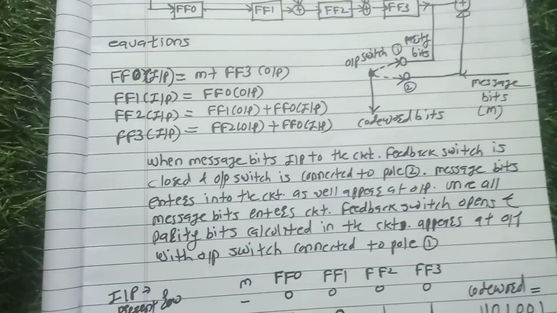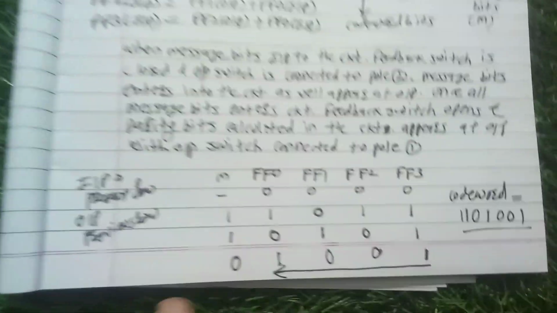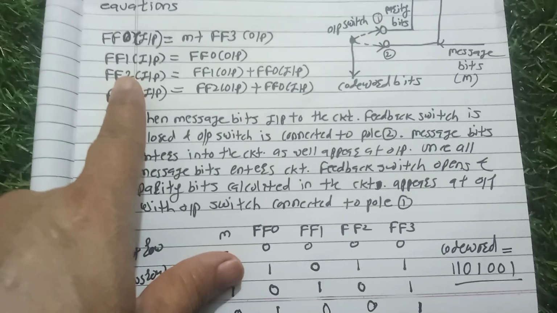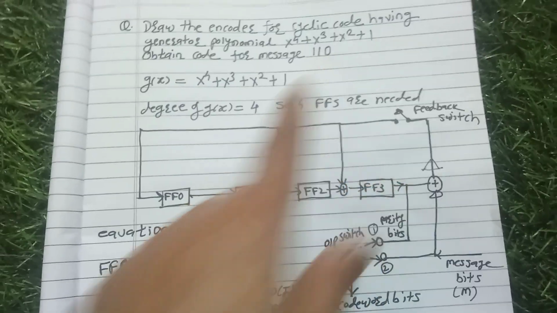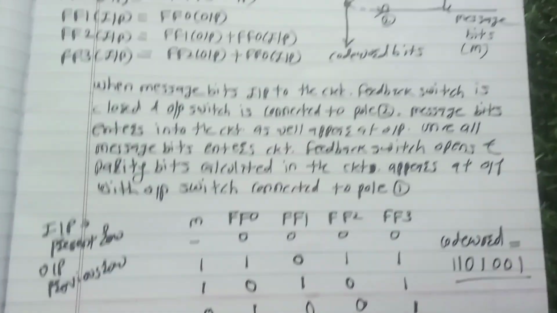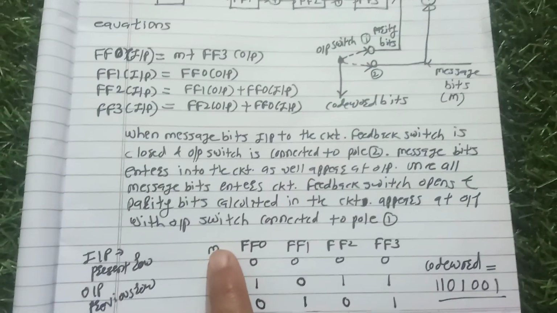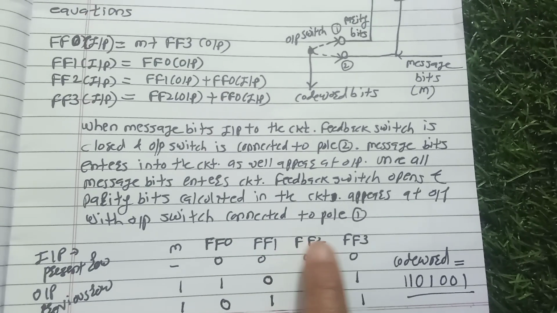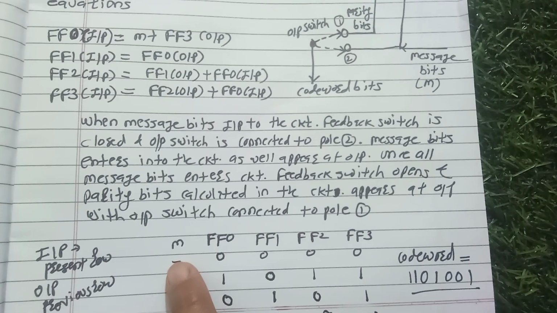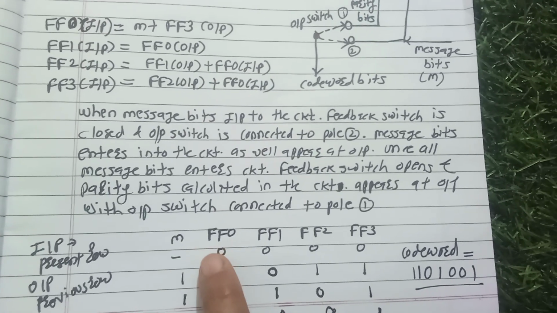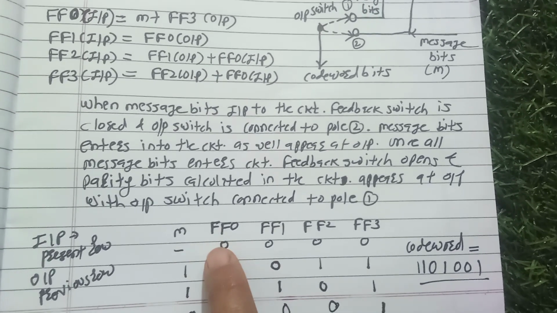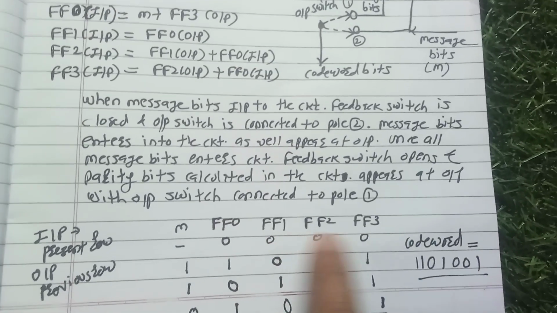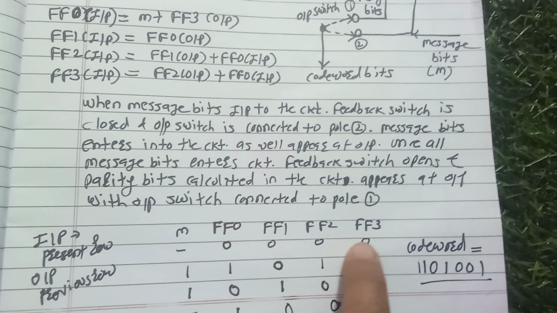So let us see this table. We have these equations. The input message is 110, for which we have to calculate. So you have to write first message M, then flip-flop 0, flip-flop 1, flip-flop 2, flip-flop 3. Initially, when message bits are not there, in the initial situation, flip-flop 0, 1, 2, 3 have bit 0.